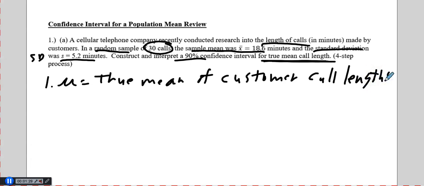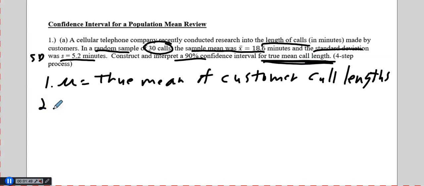All right, easy peasy. You're just looking for what we're studying. What is the study about? Okay, it's call lengths. So we're looking for the true mean of the call lengths. If you didn't put the word customer in there, no big deal. True mean of call lengths, whatever. Even if you just wrote this, true mean call length, just to get the general idea.